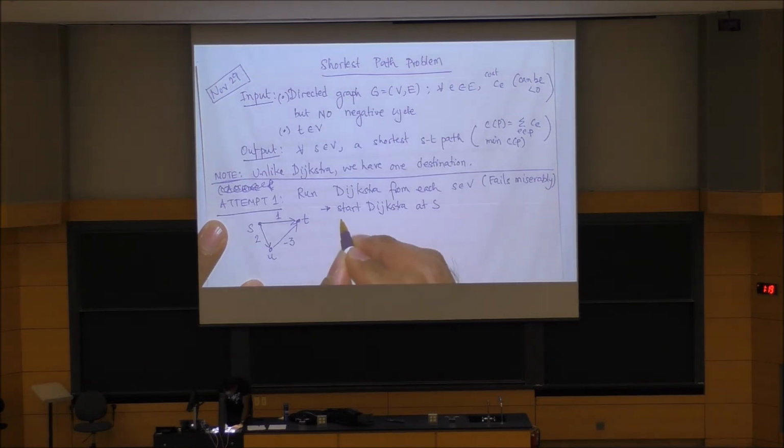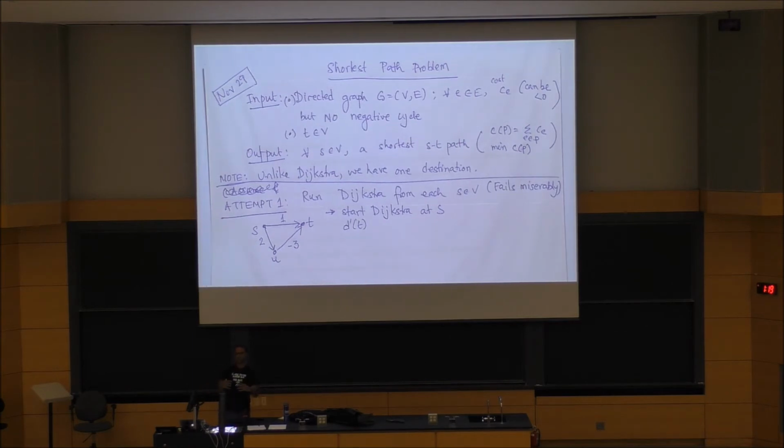So in this case, initially, if you remember, there was a d prime value which you calculate as the best possible path from the current set of nodes to every node that's outside, or the nodes that you have not considered.